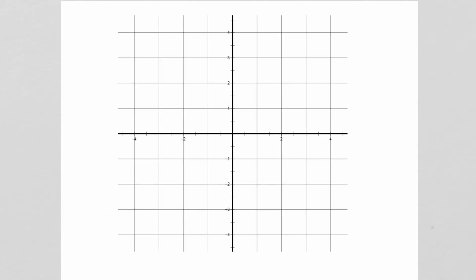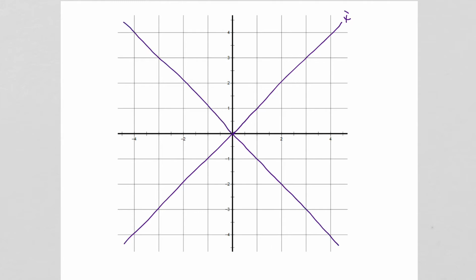So looking at our picture here, our axis has been rotated 45 degrees. That means our x-axis now looks like this, and our y-axis now looks like this. So when we plot this, of course, 0, 0 is the same.